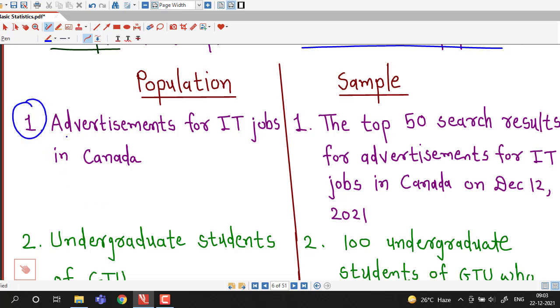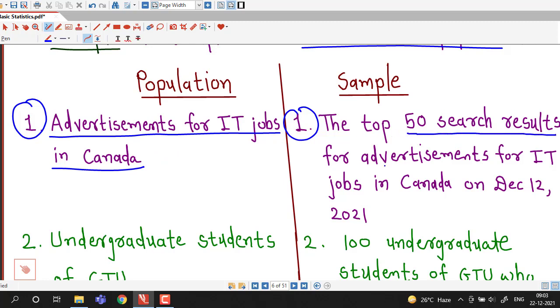First example is advertisements for IT jobs in Canada, and this sample is from this population: the top 50 search results for advertisements for IT jobs in Canada on December 12, 2021.